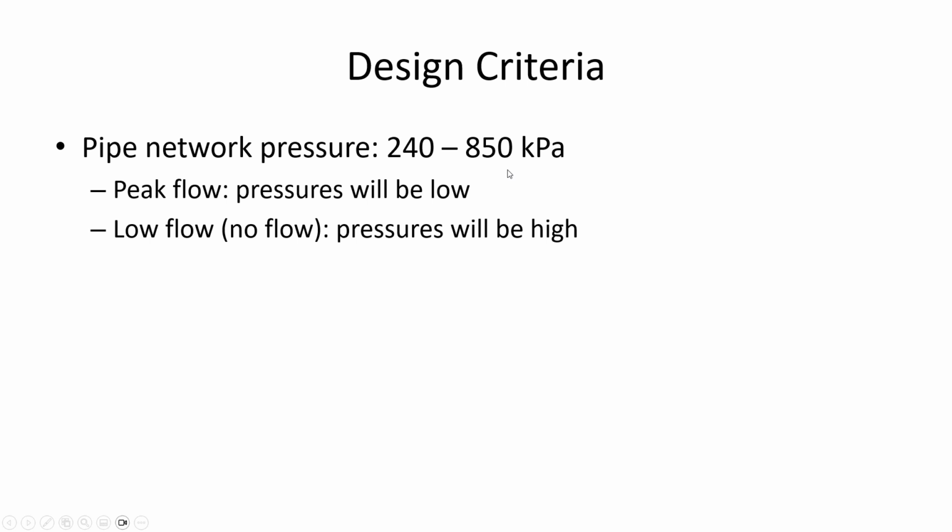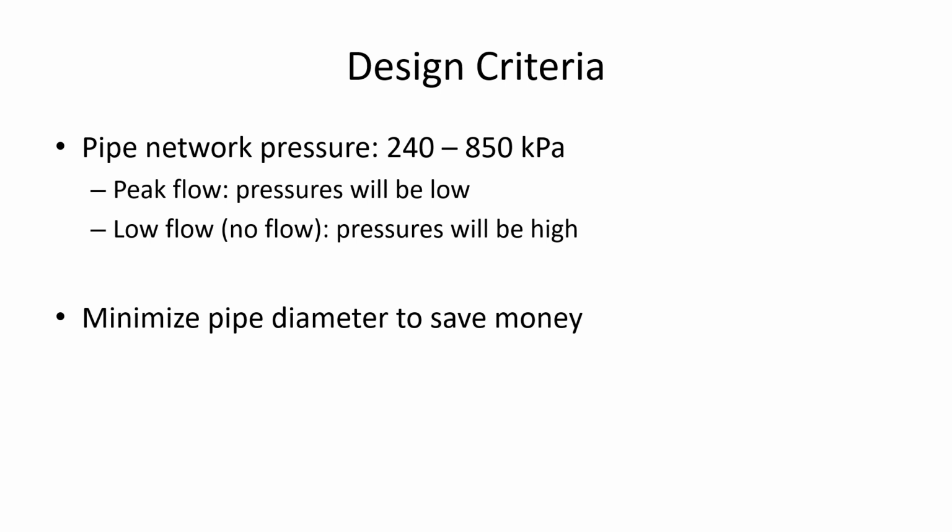So how high on the hill you put the reservoir determines the maximum pressure, and the minimum pressure is determined by the length of the pipe, the diameter of the pipe, and then the elevation of the junctions. So we're going to play around with all those details today in another example.